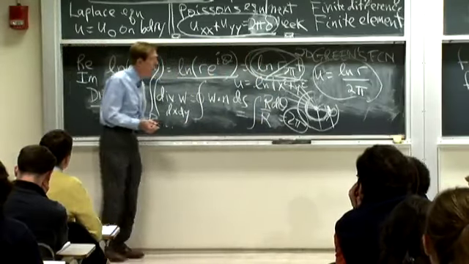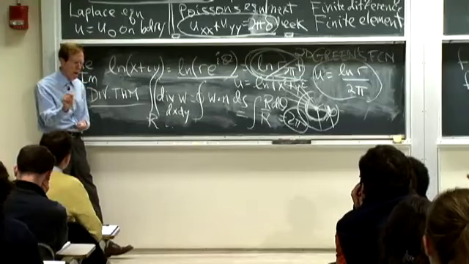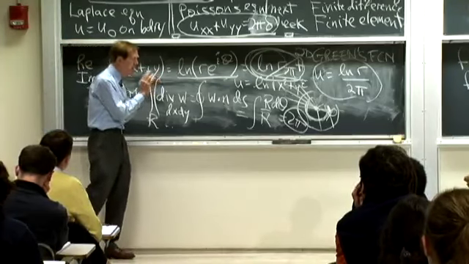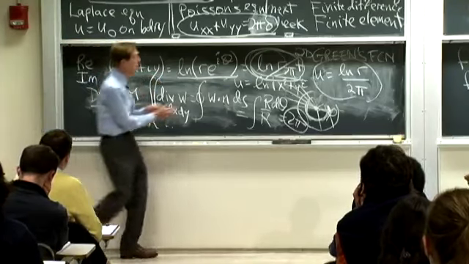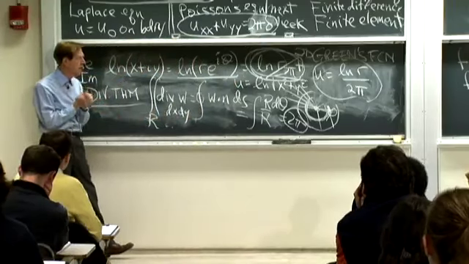And in 3D, I think the answer is 1 over 4 pi r. It's just amazing that those Green's functions, when the right side is a delta, have such nice formulas.